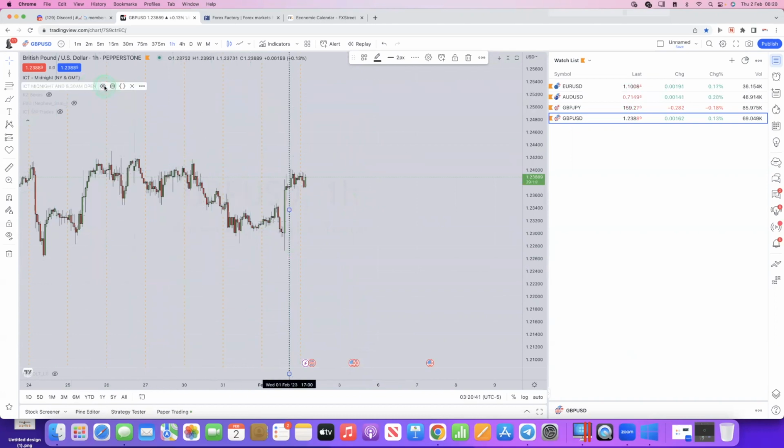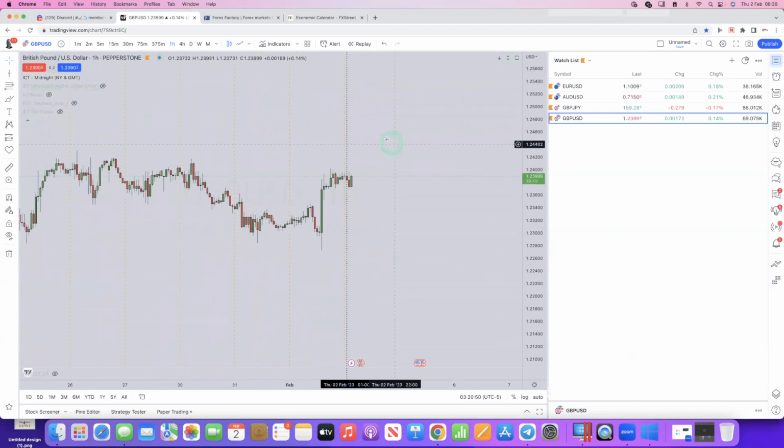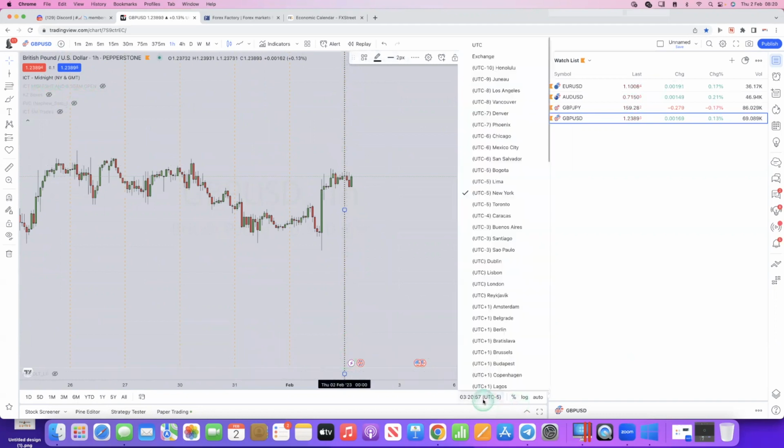We don't want that one there. We want the midnights of New York. So we've got here ICT, midnight, New York, and GMT. So we're setting that up like this, making sure we get it on the midnight. You see down here, it's midnight. I'm on New York time.